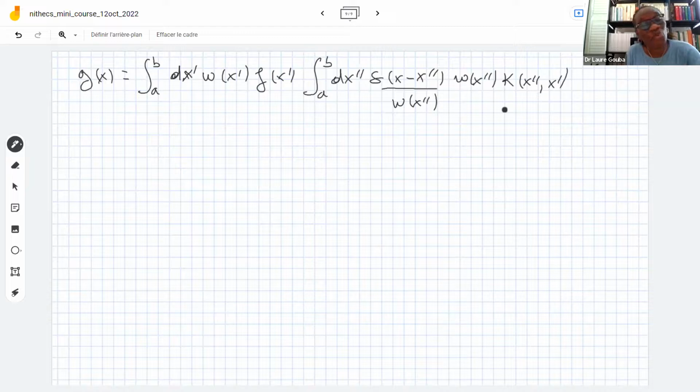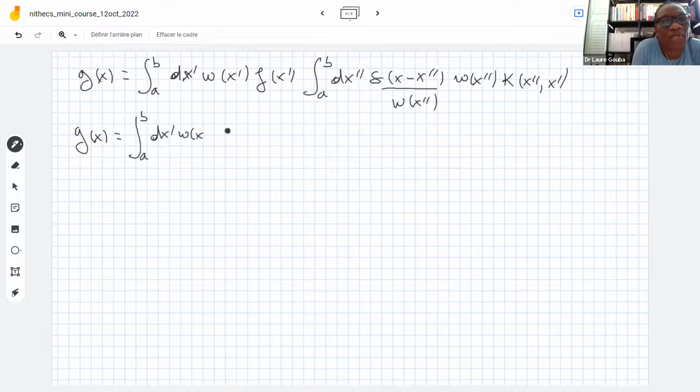Then I just have to rearrange this expression, and if I rearrange it, I have then g of x is equal to integral a b dx prime omega x prime f x prime. Let me write it well here. x prime integral a b.